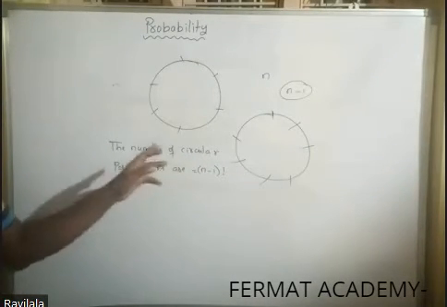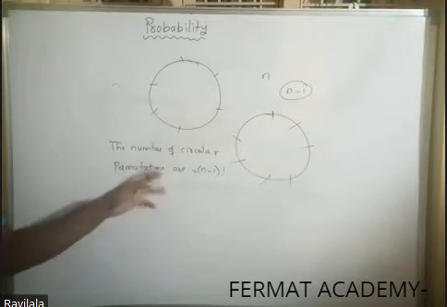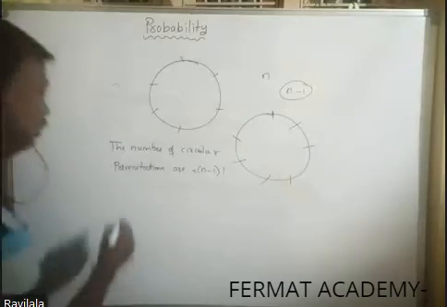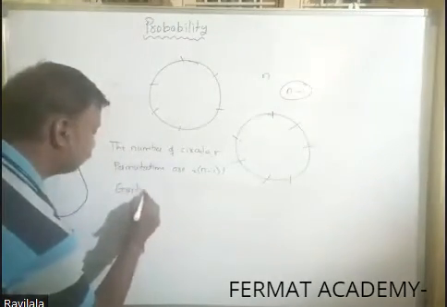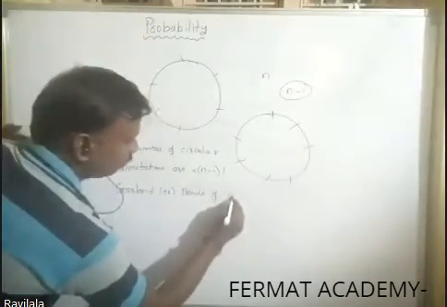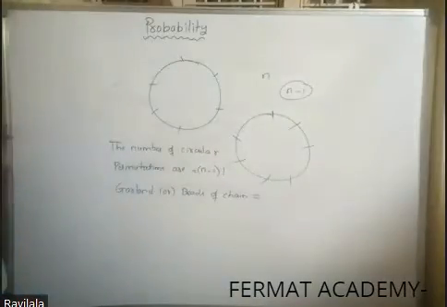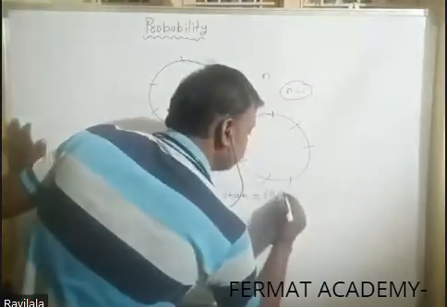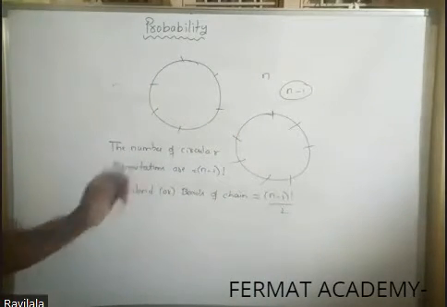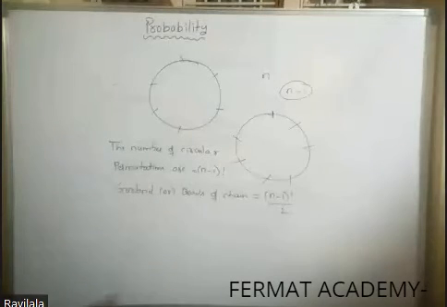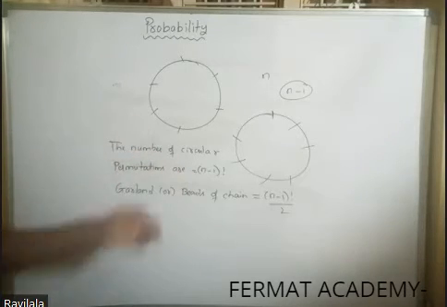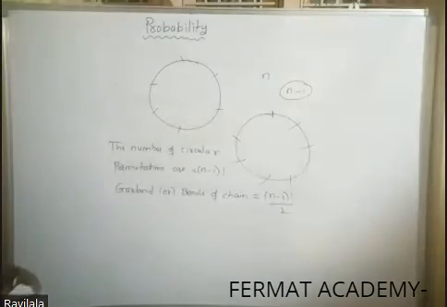Where it is a garland or a chain of beads, the number of circular permutations is n minus 1 factorial by 2, because it appears in only one direction, not both directions. So for circular permutation it is n minus 1 factorial, and for a garland or chain of beads it is n minus 1 factorial by 2.